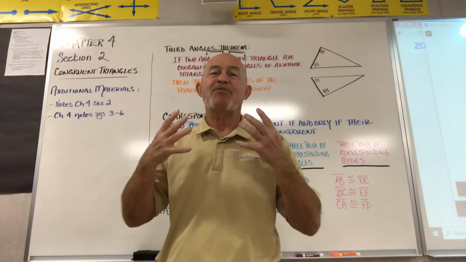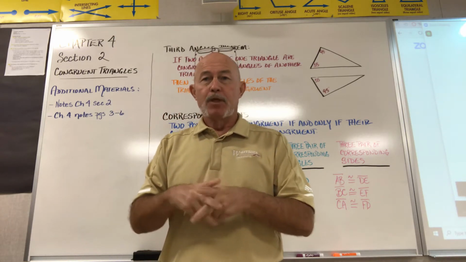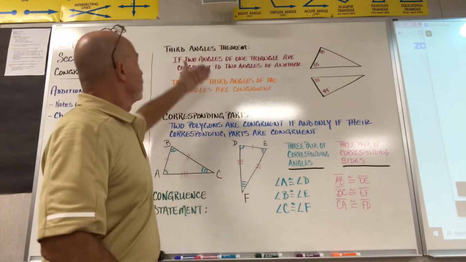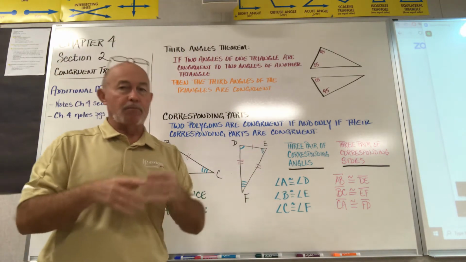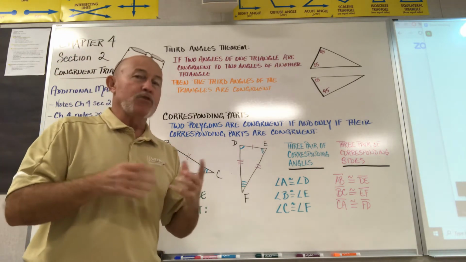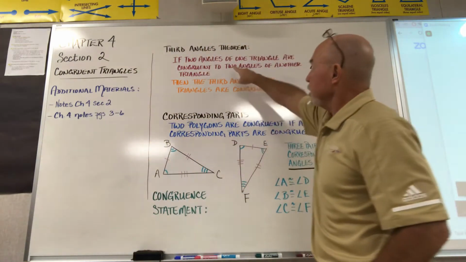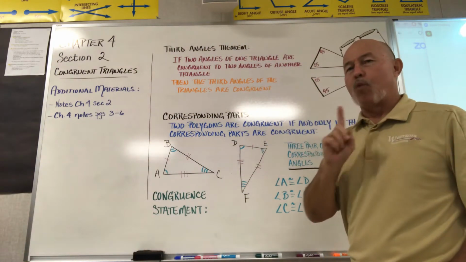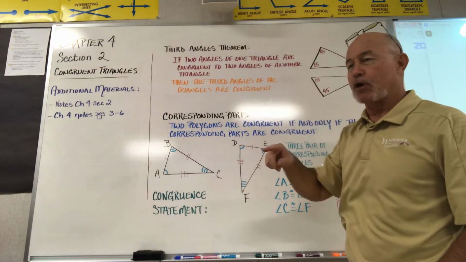Okay, we know they have to be identical because that's what congruent means. Okay, the first thing we want to talk about is the third angle theorem. Kind of important. Okay, we will be using this from time to time. So let's think about what it says. If two angles of one triangle are congruent to two angles of another triangle.